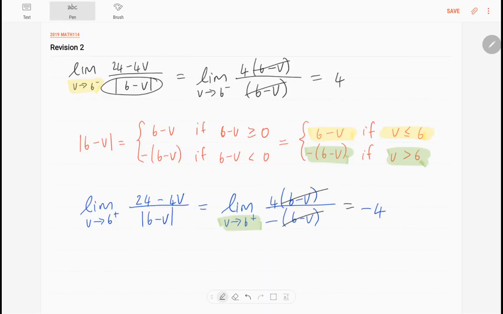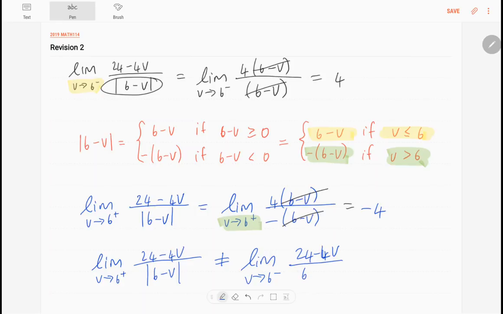So it's important to note here that the limit as v approaches 6 from the right of 24 minus 4v over the absolute value of 6 minus v does not equal the limit as v approaches 6 from the left of 24 minus 4v over the absolute value of 6 minus v.